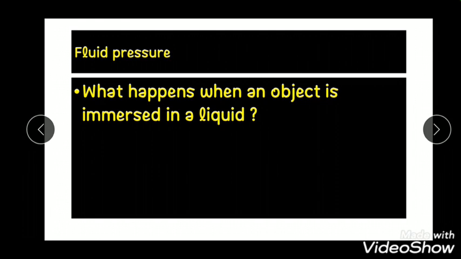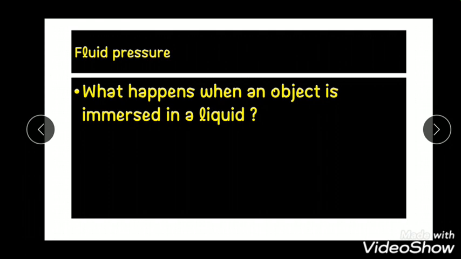Stones will sink in water because, as you have studied in the previous class, forces act in different directions. Some forces act in the upward direction and some in the downward direction. If the downward force is more, the object will sink in water. If the upward force is more, the object will float.